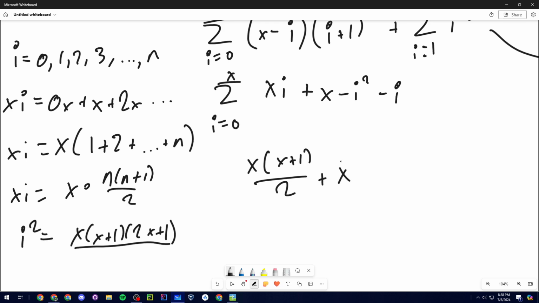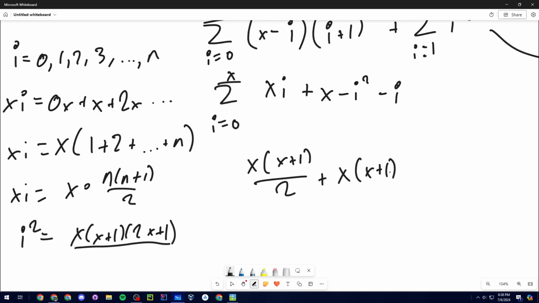Would it be x squared actually? Because there's x's. Yes, it would be. Or would it be x plus 1? Because we're starting at, that should be x plus 1.